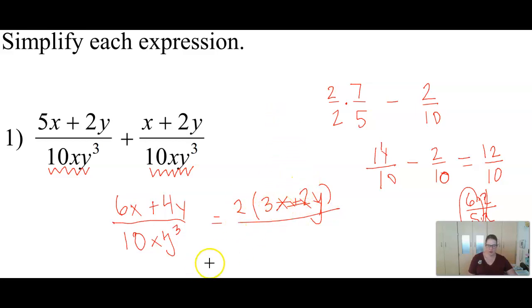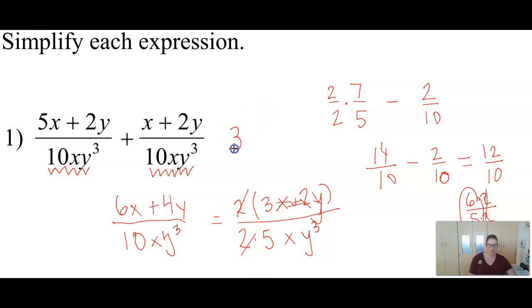If I erase part of it, it will all go away. And then down here, I know that 10 is equal to 2 times 5, and then I have times x times y cubed. So I know those 2's will cancel out, and it looks like nothing else will.